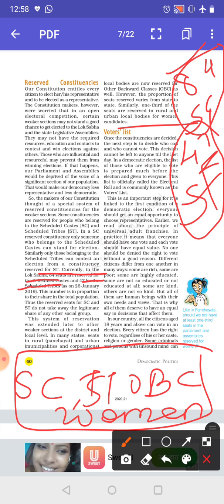At all the levels, some seats are reserved for the weaker sections of the society. And why is it being done? So that the weaker sections of the society also get an equal chance to contest in the elections, participate in the elections or come to power.